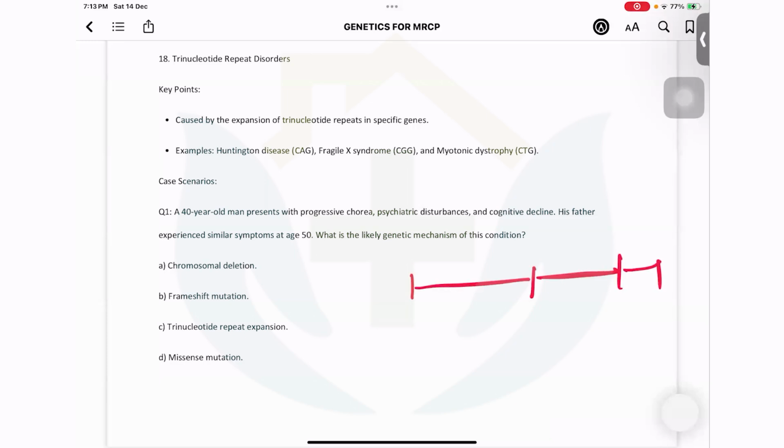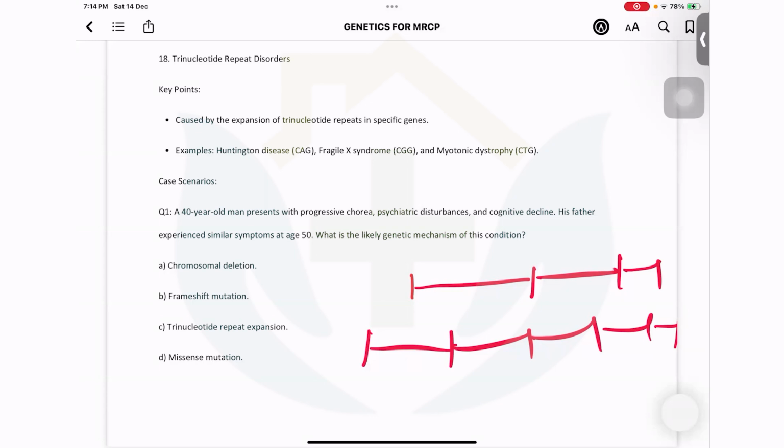For example, if somebody has a higher number of repeats in subsequent generations, they will have a worse disease and it will present earlier in age. This is very important to remember, that anticipation is so common in trinucleotide repeat disorders because it is based on the number of repetitions. If the repetitions are more, the chances of severe disease and early onset are also more.